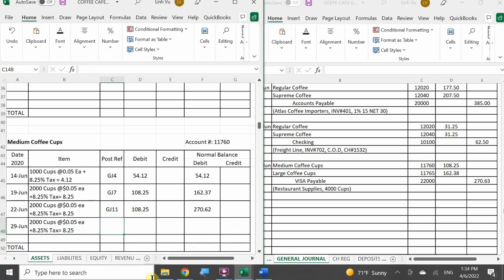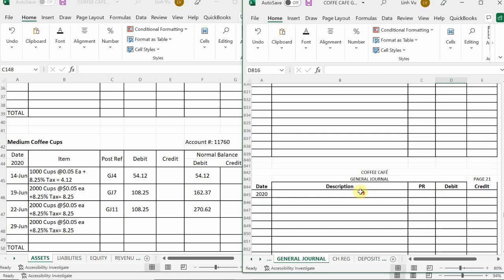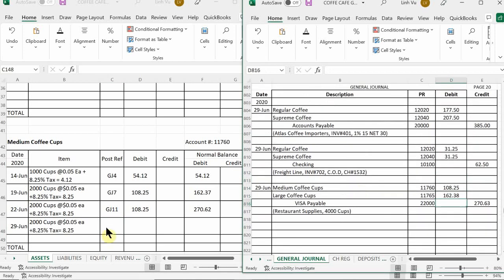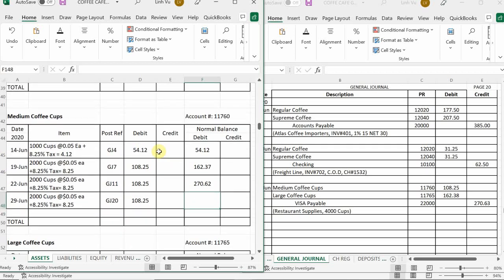It's journal number 20, I think, and it's for the same amount, 108.25. So what's my grand total account balance here? $378.87. Good.